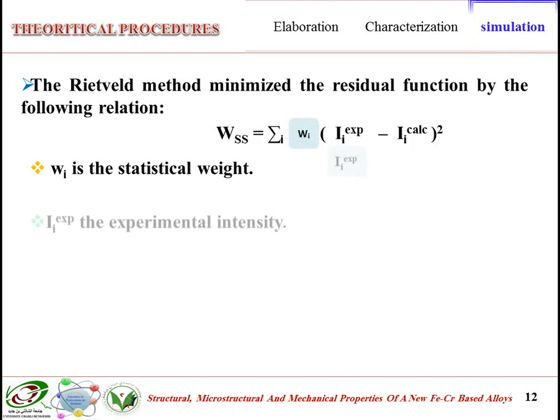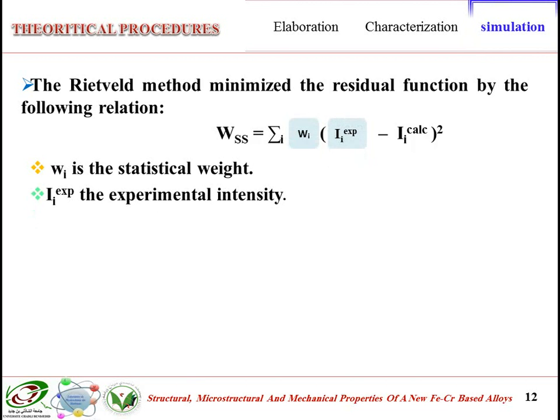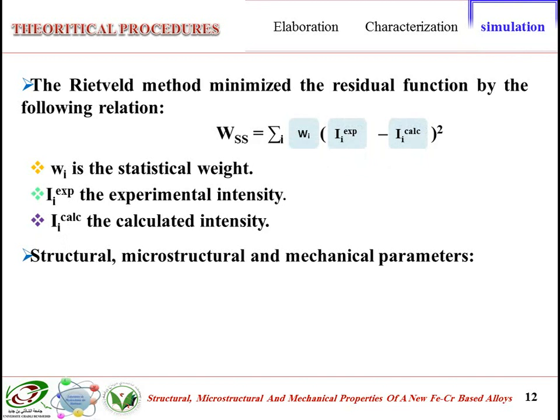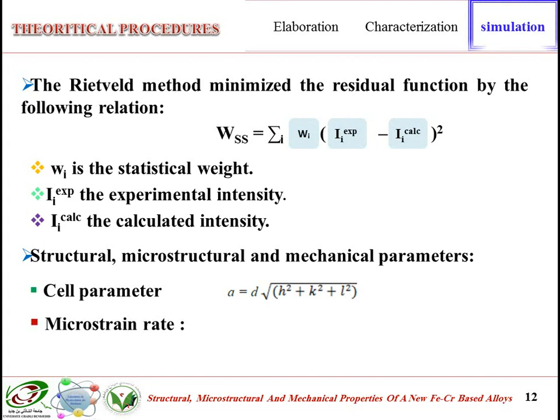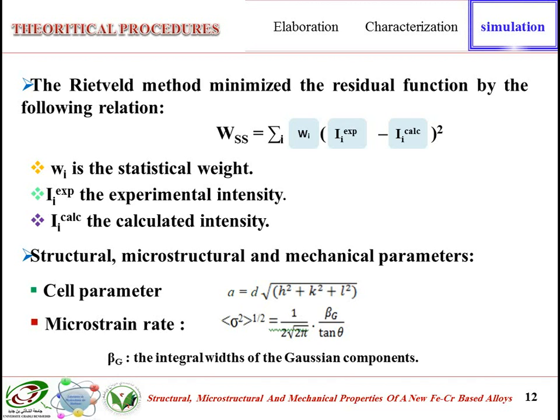With the statistical weight, the experimental intensity, the calculated intensity, structural, microstructural and mechanical parameters, the cell parameter is calculated by the relation, the microstrain rate is given by, with beta the integral width of the Gaussian component.